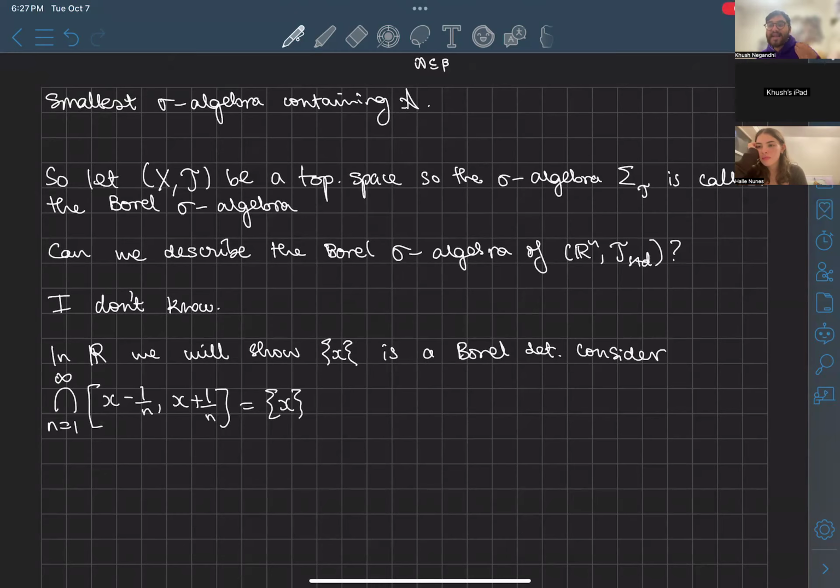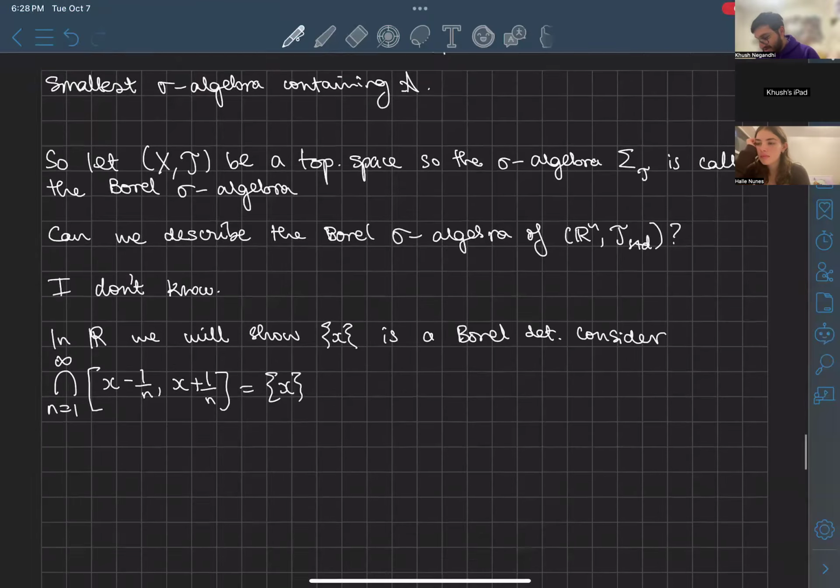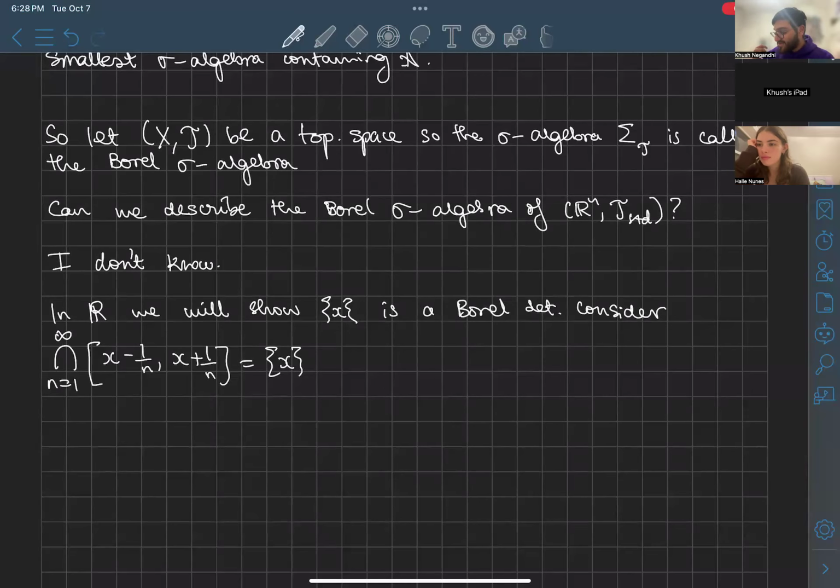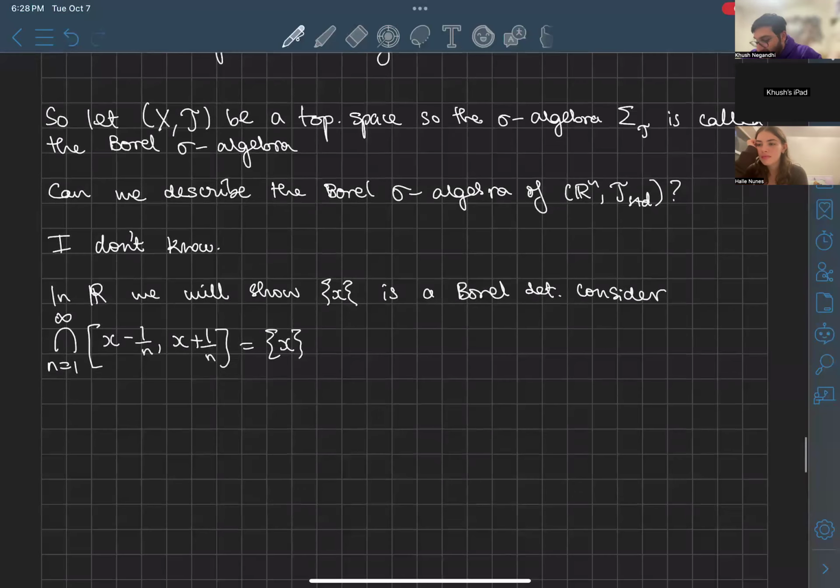So in some sense, the rational numbers in the real numbers have zero volume. This is interesting, right? Things get very weird very quickly. One can also show that the Cantor set is a Borel set, for example.